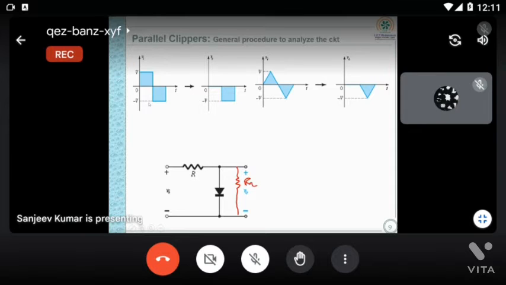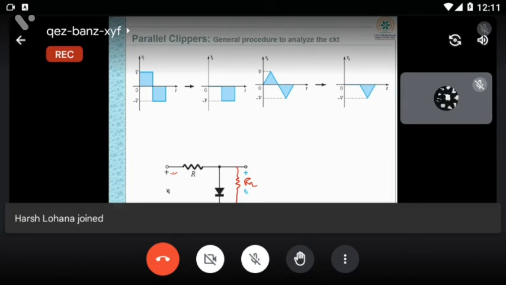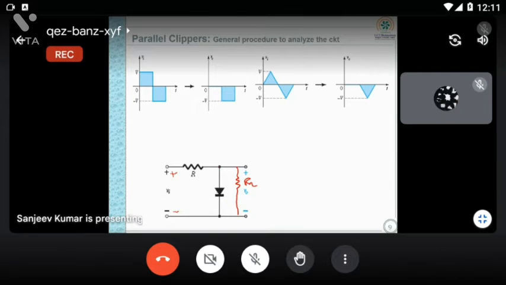Consider from 0 to T by 2. Here you can see this will be plus and this will be minus. Now if you connect, the diode will be shorted, so current will flow like this.